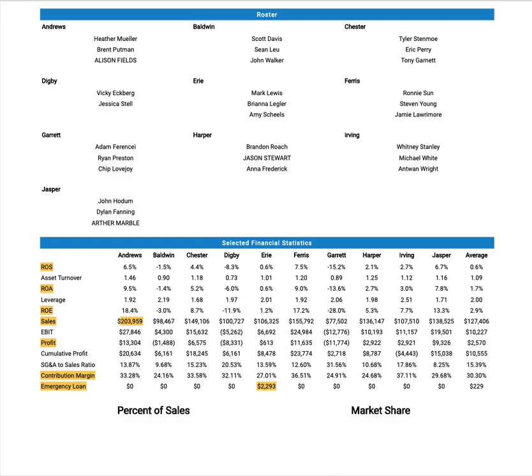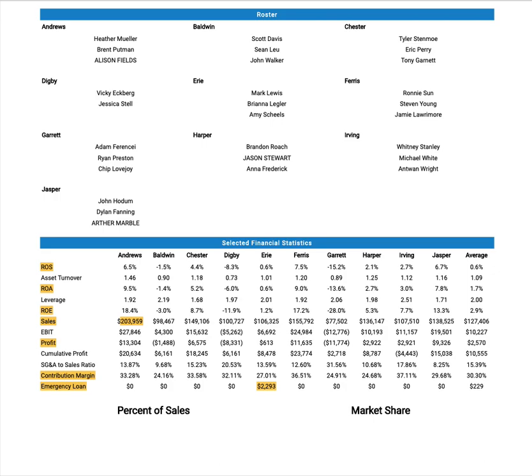So once again, I want to explain this to you, as I just explained in the previous Industry 1 video. If your team runs into an emergency loan, that is because your company ran out of cash, and then the emergency loan kicks in automatically by Capstone.